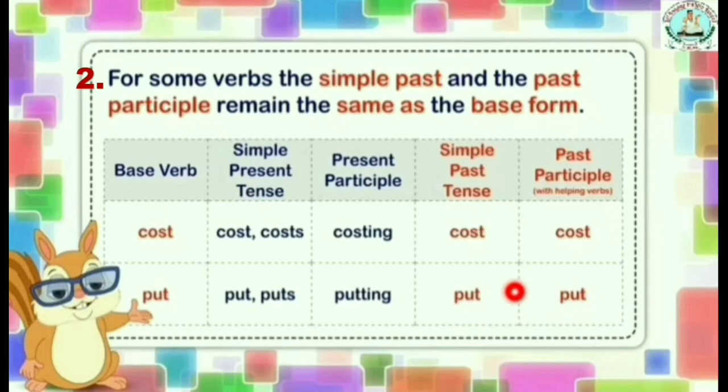But here this one is simple past tense put, and this one is along with the helping verb. Have put, has put, had put. Do not use putted like this. It doesn't take any ed form. This type of verbs.